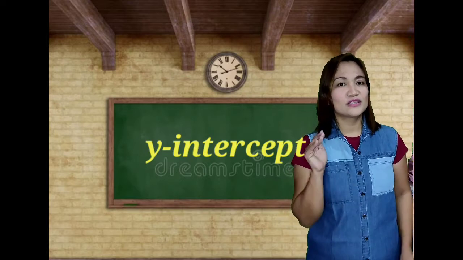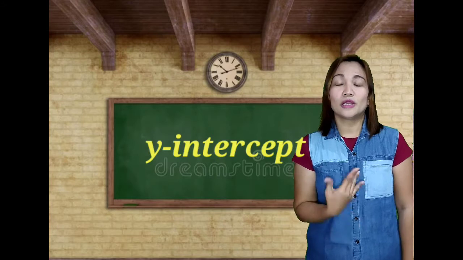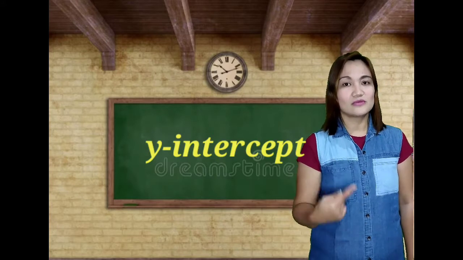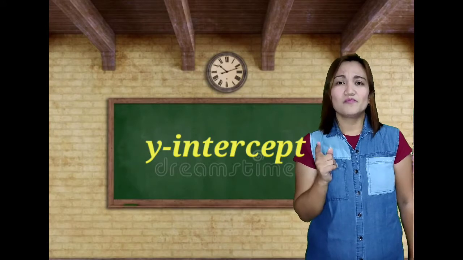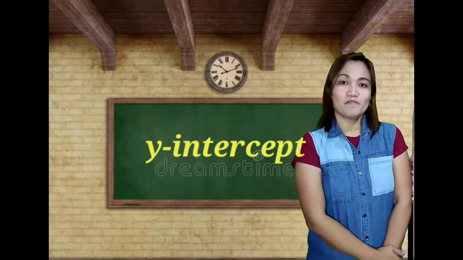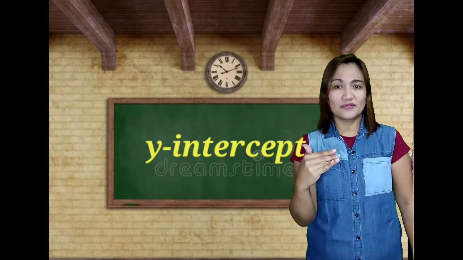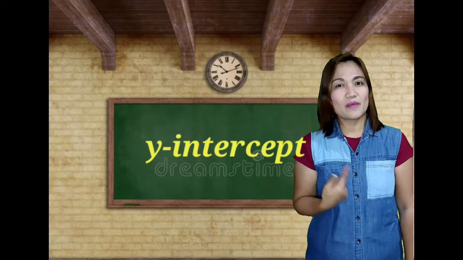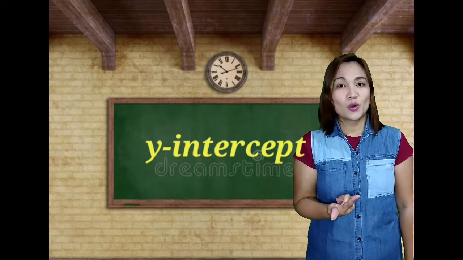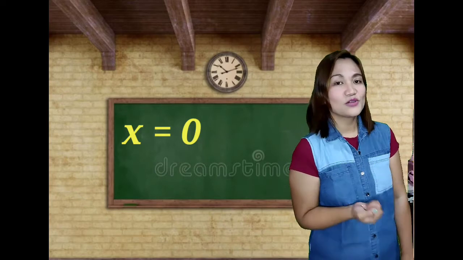Y-intercept. What is the y-intercept? Normally, kapag may given na function, polynomial function, to get the y-intercept, anong sabi natin sa previous module? The y-intercept is simply the point on the graph that passes through the y-axis. So to solve for y-intercept, paano na naman yon? We are going to let x is equal to 0 and then solve for y.